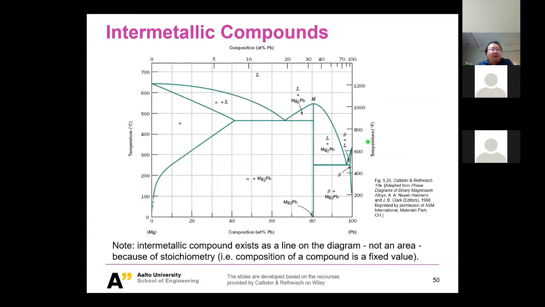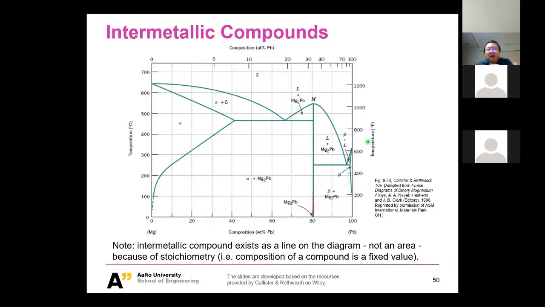So we talked about terminal solid solutions, we talked about intermediate solid solutions, and now I want to give you a very specific solution. This is still a solid solution, but because it's so specific, it has a different name. It is called intermetallic compounds.